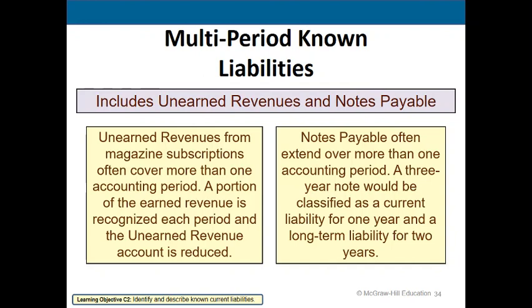You're going to have a current portion of unearned revenue, and a long-term portion of unearned revenue in that case. Like I mentioned, the same for notes payable. The amount of principal that you're going to pay within the next 12 months is going to be the current portion of notes payable, and then the rest is going to be your long-term liability.